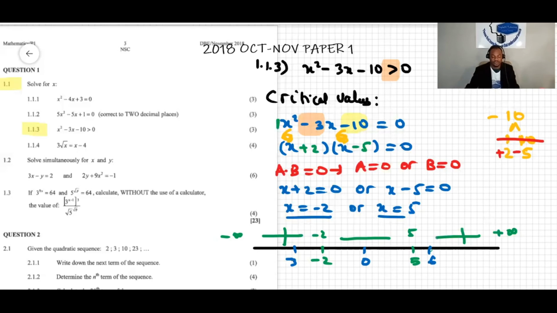Then we're looking for a positive solution, meaning the solution that is here or there in those intervals. We don't want a solution in the middle interval. Therefore, we will write that x is less than negative 2 or x is greater than 5. So this is the solution.